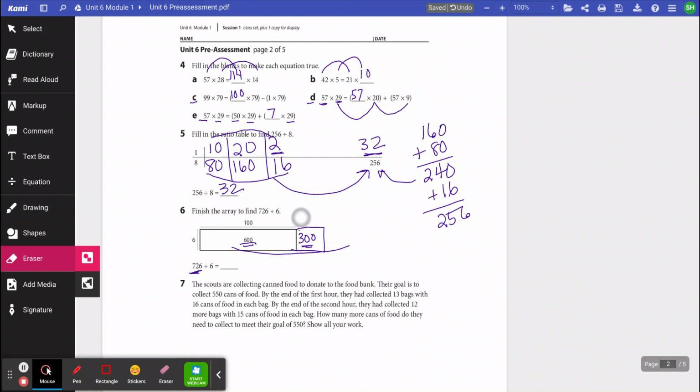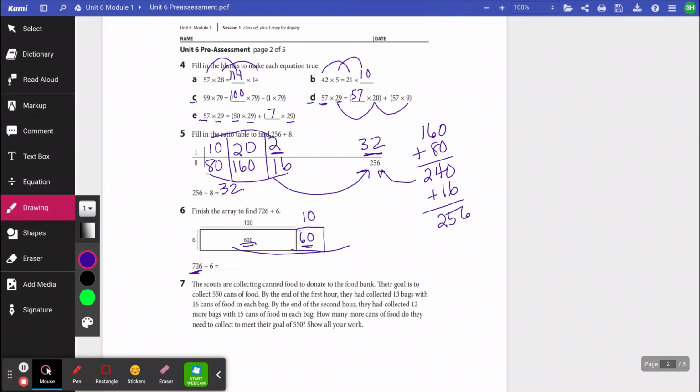And you can just do tens if you like to just do tens. We could do a 10 right now if we want. And that would just be 60. So now we're at 660. We're trying to get to 726. We could do another 10. So now we're at 720 because 600 plus 60 plus 60, that's 720. And we're trying to get to 726.